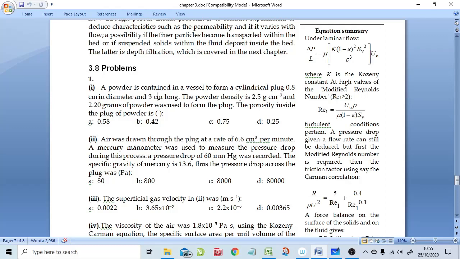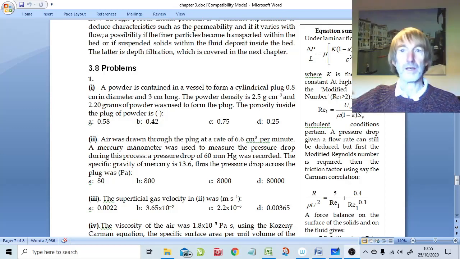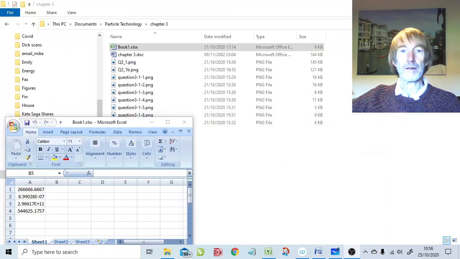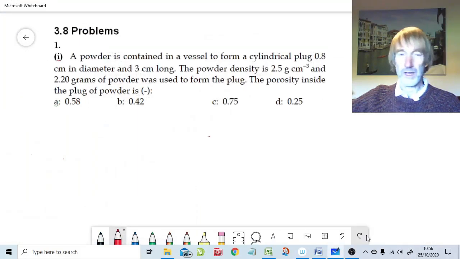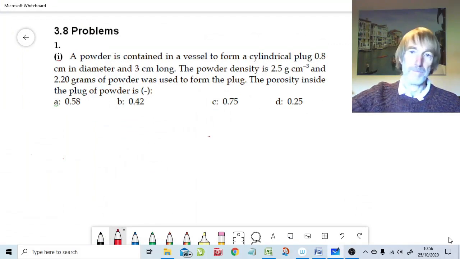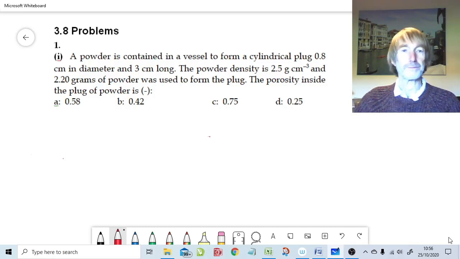So rather than answer it in Word, let's now resurrect me, so to speak, and go back to the whiteboard, which has the problem with some space in to enable us to do some calculations.